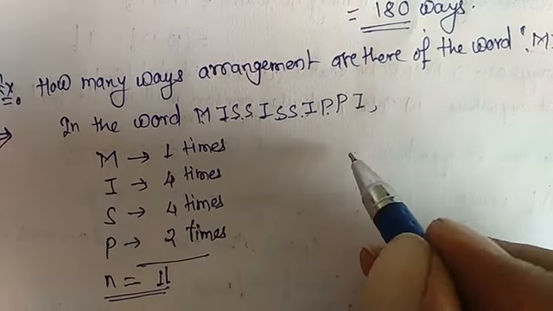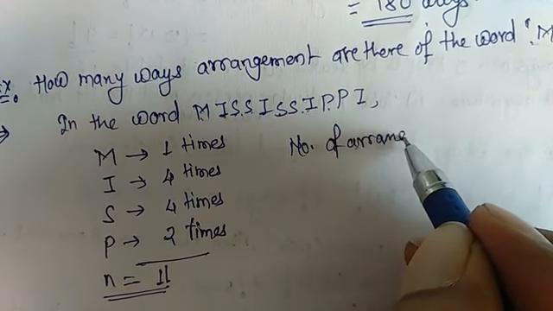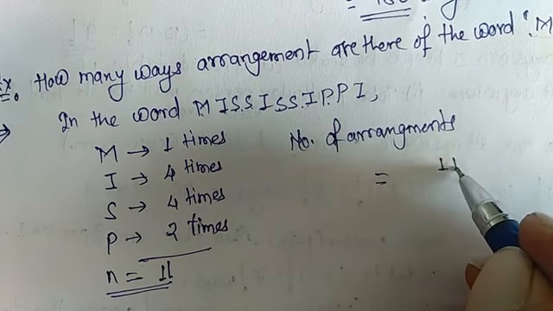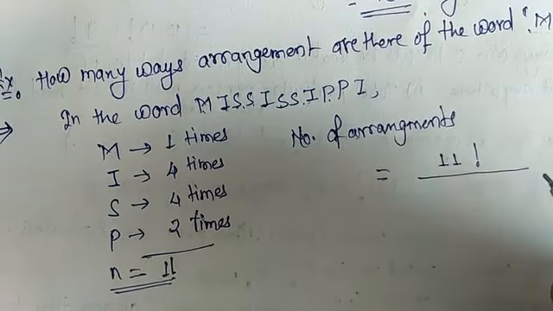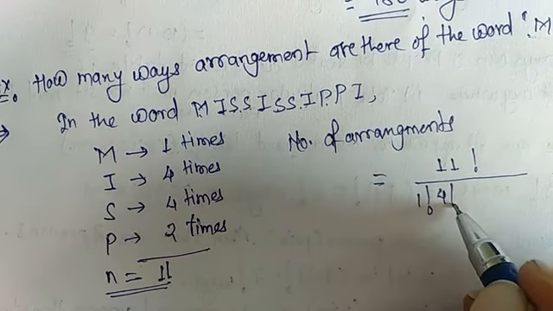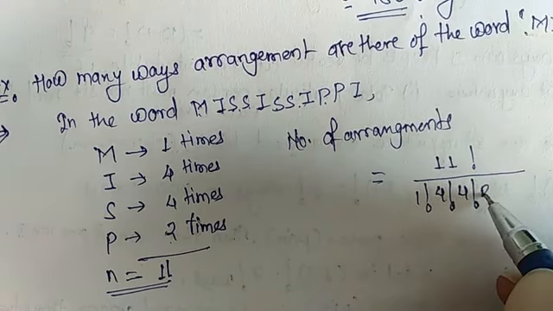So our number of arrangements will be 11 factorial upon 1 factorial into 4 factorial into 4 factorial and into 2 factorial.